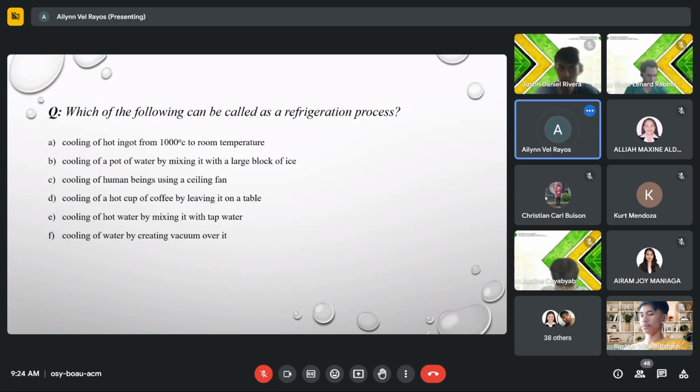Again, based on our main definition, refrigeration is a process of maintaining a temperature below that of the surroundings. That is what you should always remember.